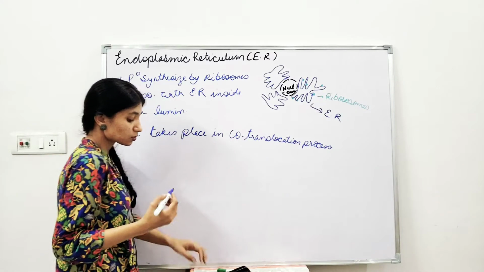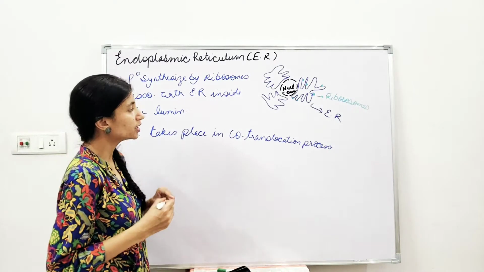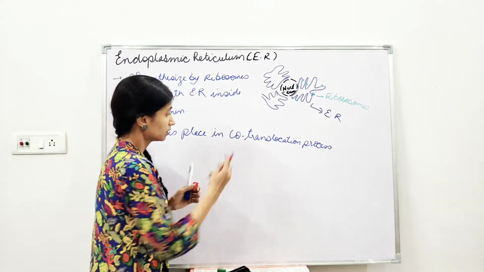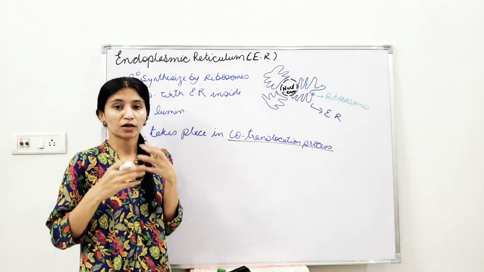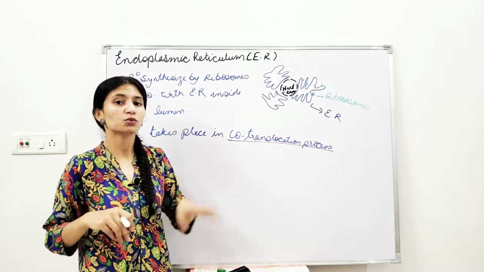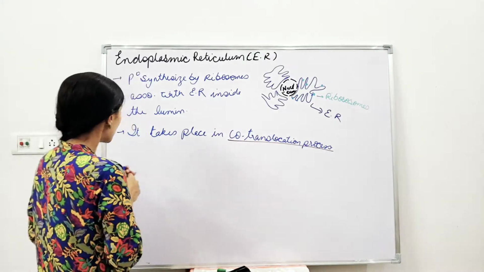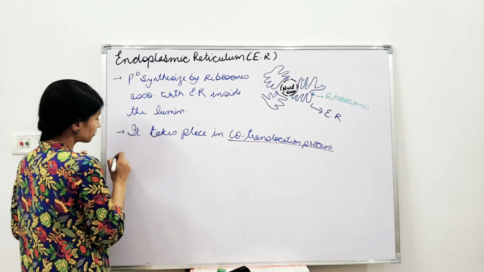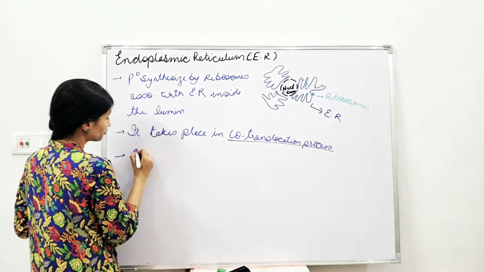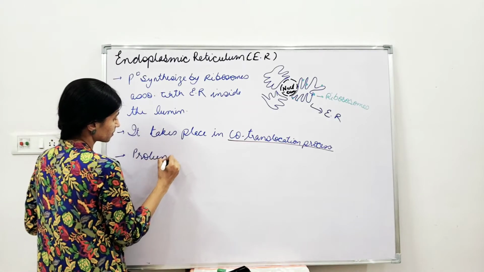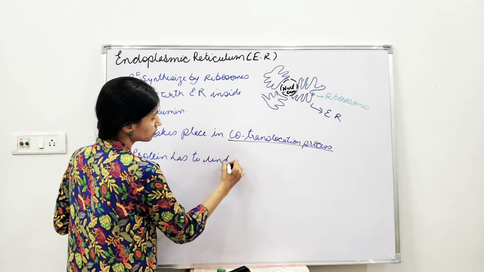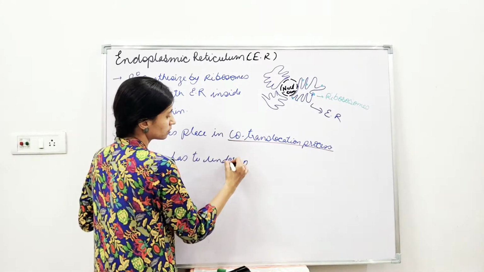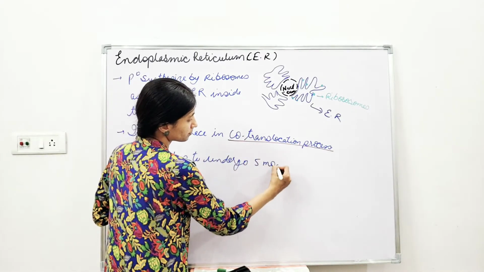Now, this co-translocation process is nothing but the modification of the protein before it reaches its final destination. How does it take place? Before the protein reaches its final destination, it has to undergo 5 modifications.